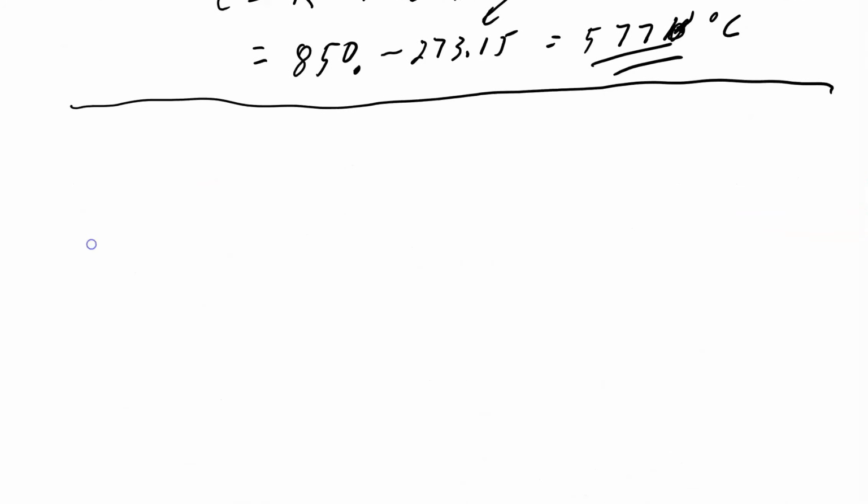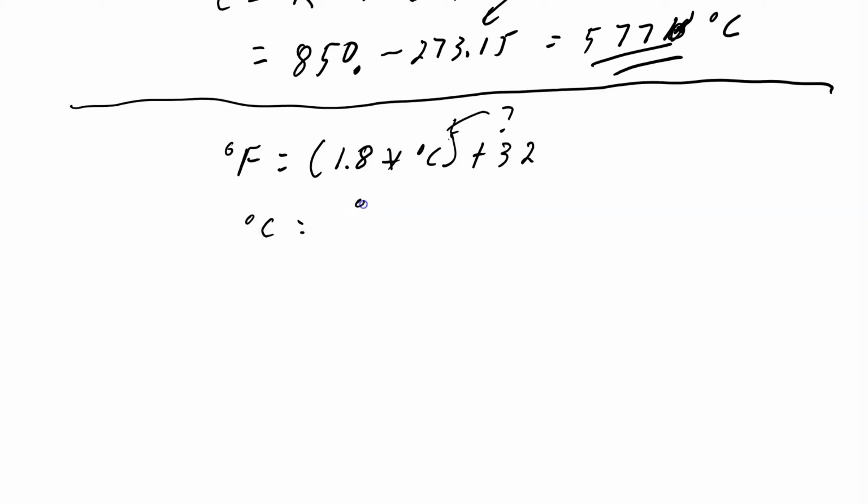Our equation, starting point, degrees Fahrenheit, is equal to the quantity 1.8 times degrees Celsius plus 32. Doing the algebra, because again we are solving for degrees Celsius here, we're going to end up with degrees Celsius is equal to degrees Fahrenheit minus 32 divided by 1.8.